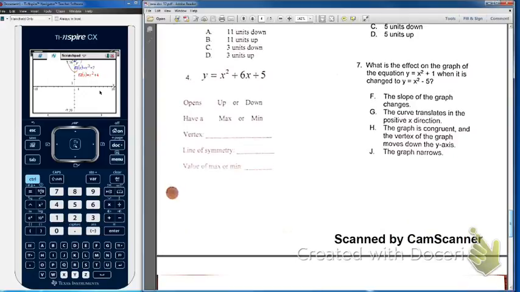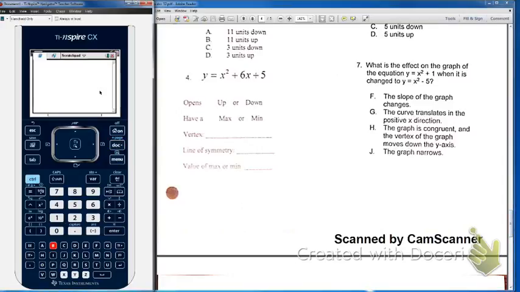Number 4 is kind of like what we did yesterday. Okay? How do we determine if this opens up or down, being that we don't have a graph? Graph in your calculator. So x squared plus 6x plus 5. Okay, so we got that.